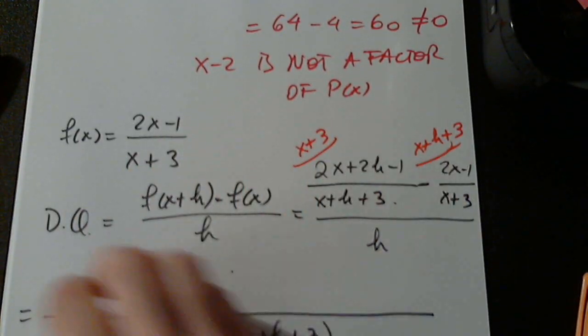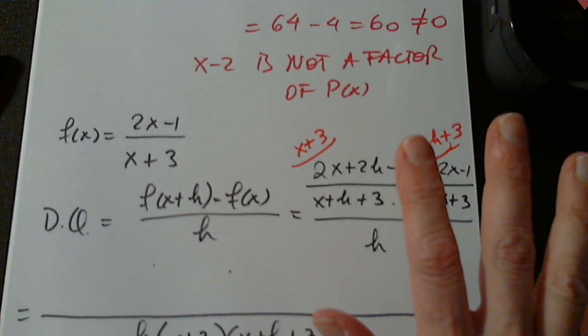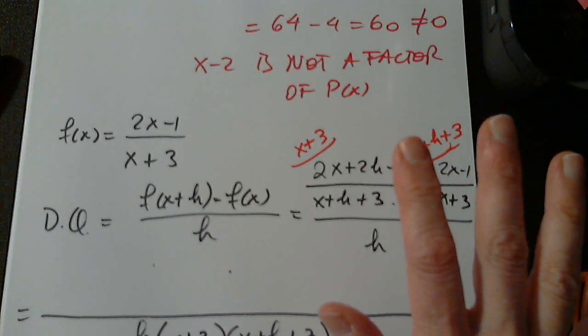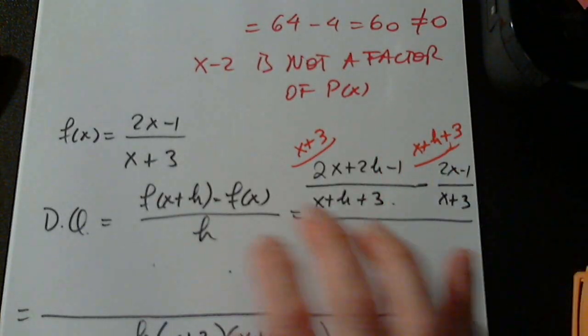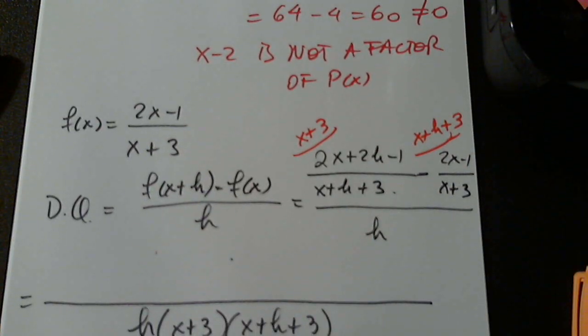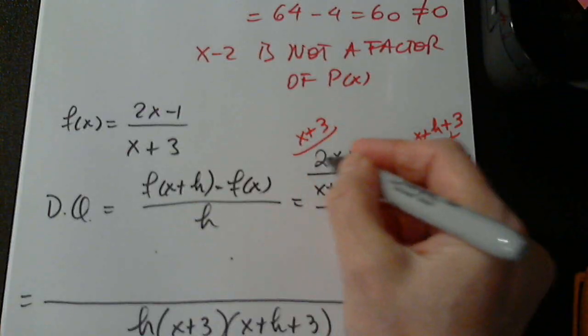Number 1, when I put whatever I put here, all terms without h must go away. Some others may go away, but I don't hold my breath. But definitely those without h must go, and then eventually this h must go. So these are crucial steps. If it doesn't work, something is wrong. So be careful how you distribute.